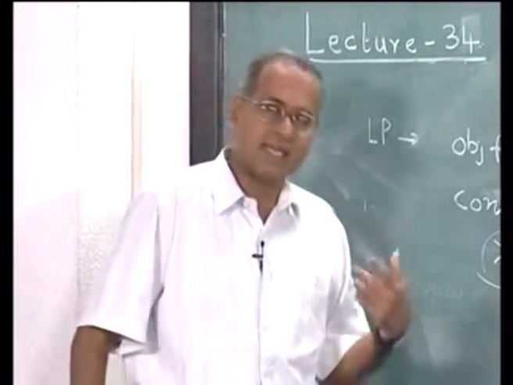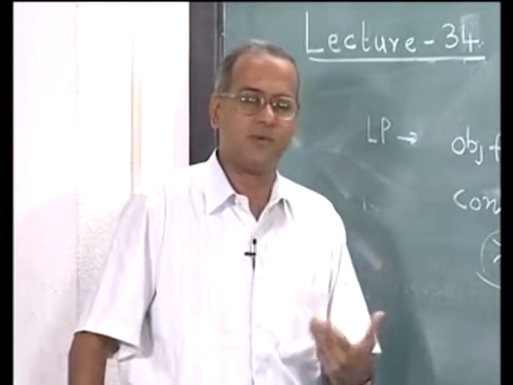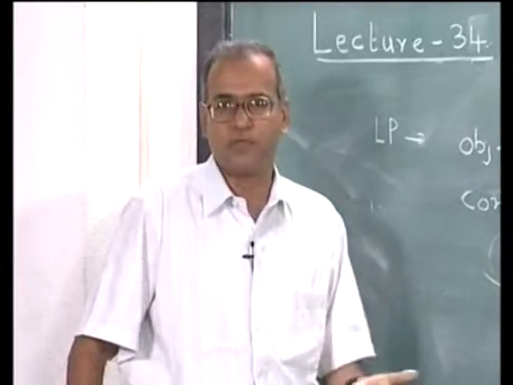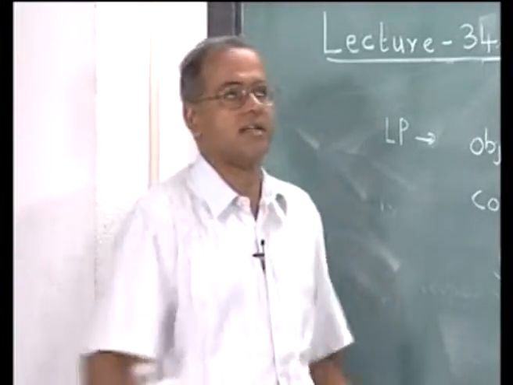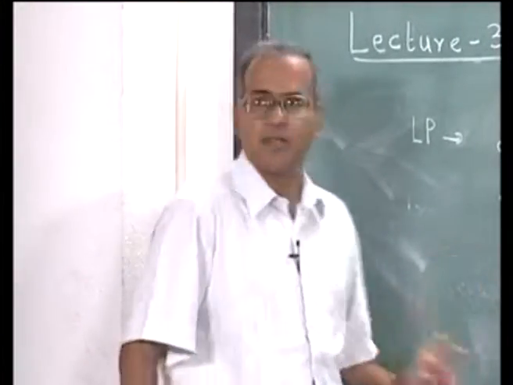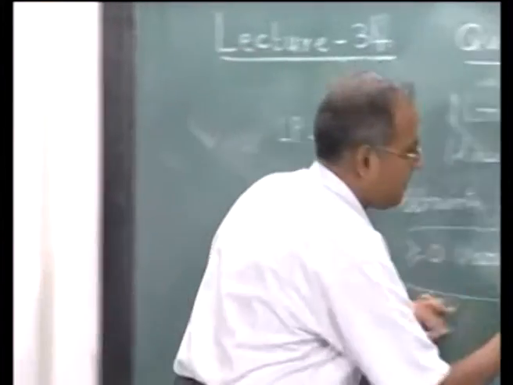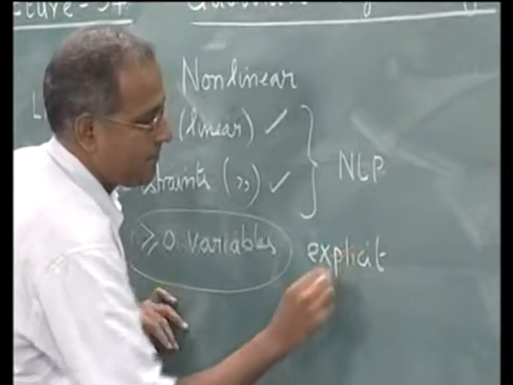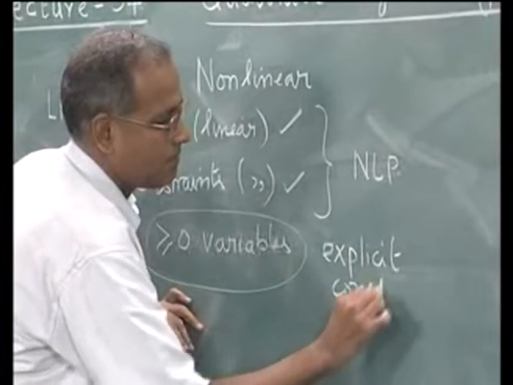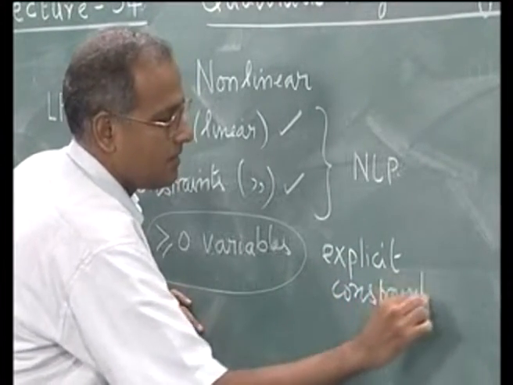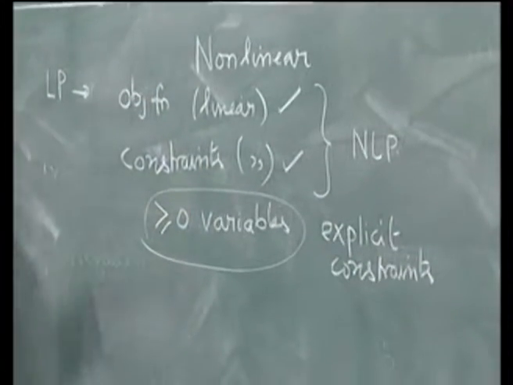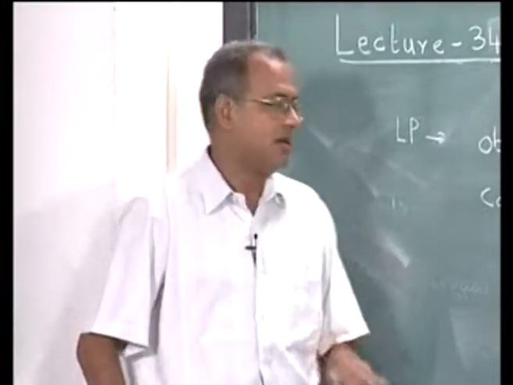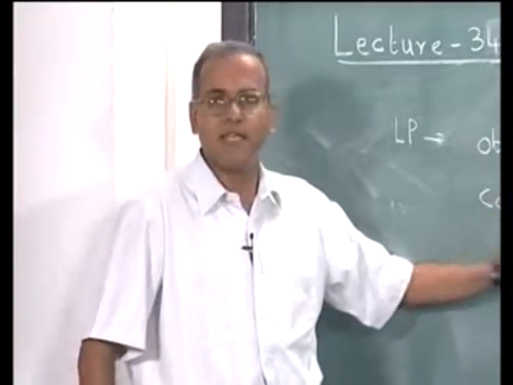The variables can even take negative values at the solution, and if we wish to say that the variables have to be greater than or equal to 0, these become explicit constraints in the NLP instead of being implicitly given as they were in linear programming problems.